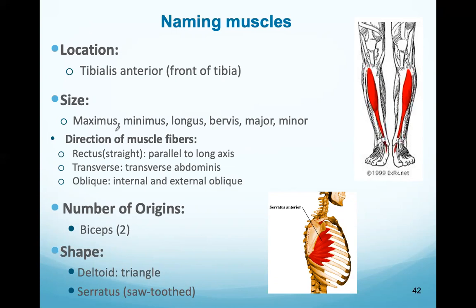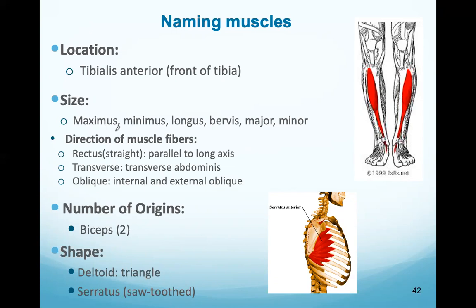You can categorize muscles based on the direction of the fibers and fascicles. For instance, if they are straight, we refer to these as rectus, like the rectus abdominis muscle. The muscles are parallel to the long axis.